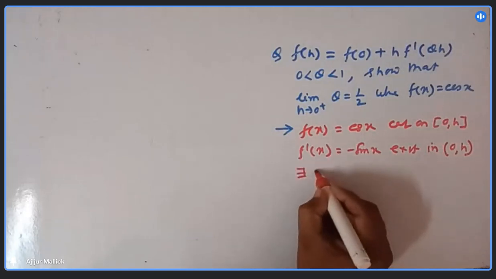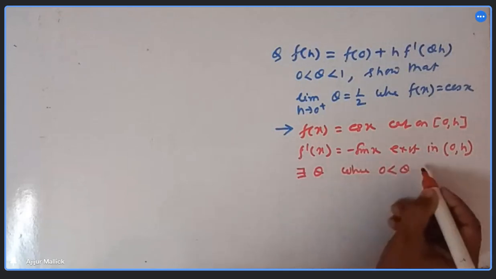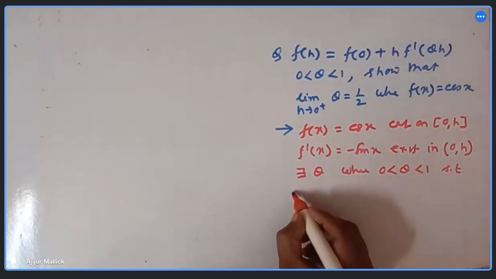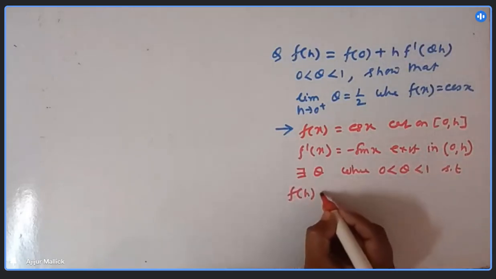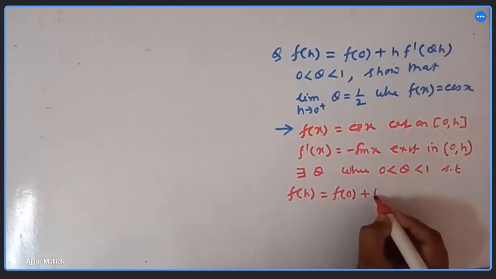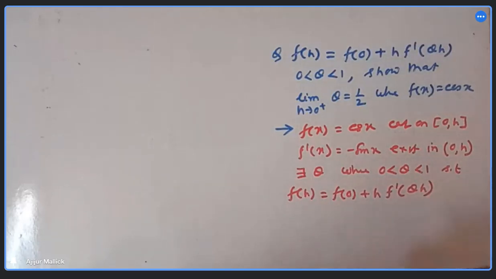Therefore, there exists theta where 0 is less than theta less than 1, such that f of h is equal to f of 0 plus h into f dash theta h.